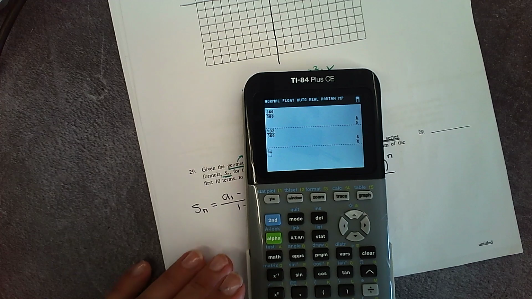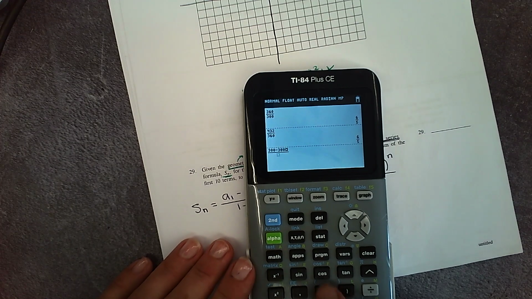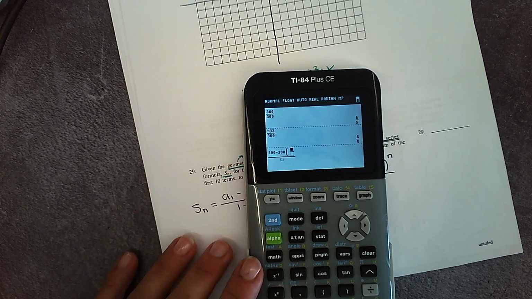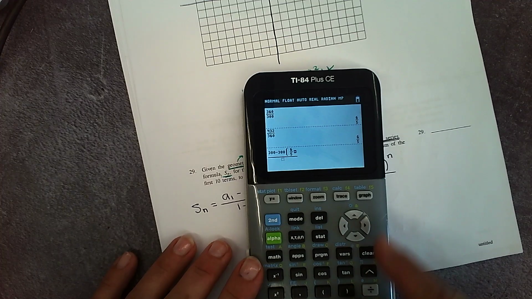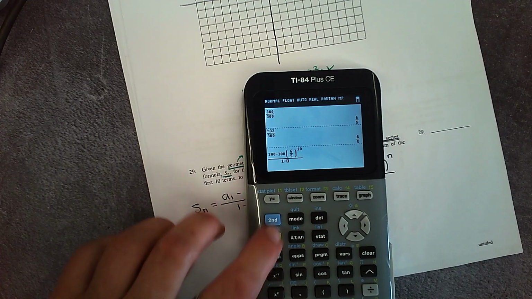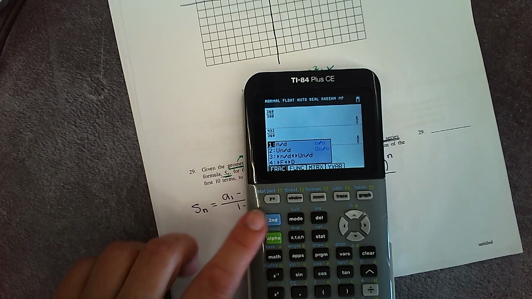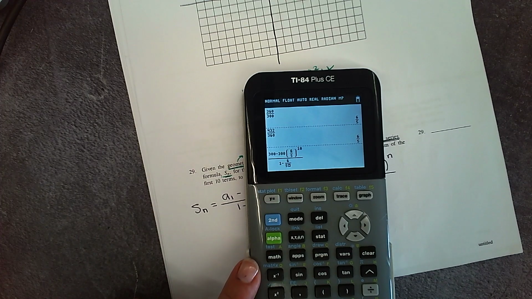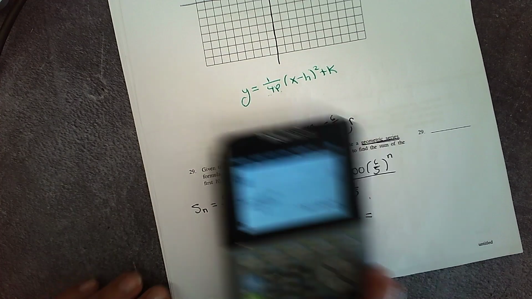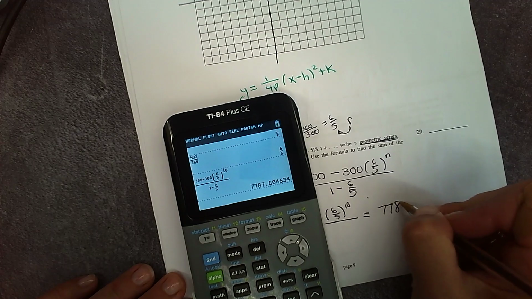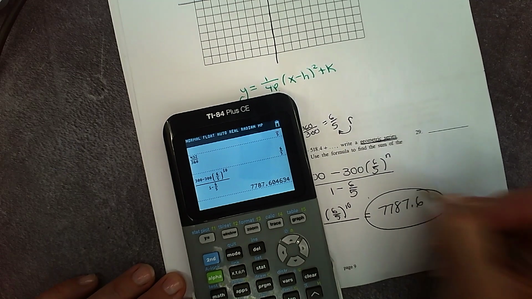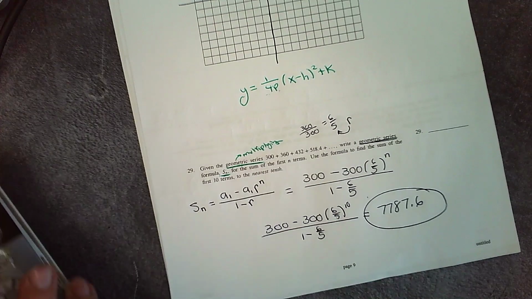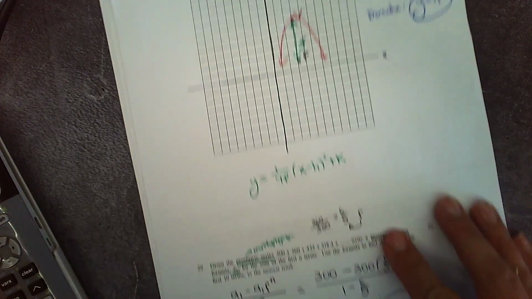Then we do 300 minus 300 times (6 over 5) raised to the 10, over 1 minus 6 over 5. And it wants us to round to the nearest tenth. And that's our answer. Look at that. Okay.